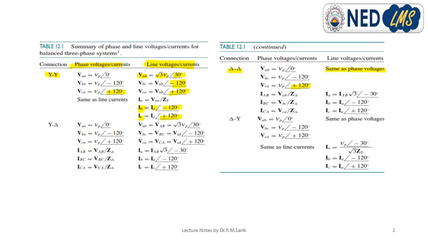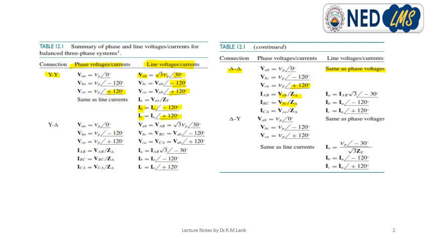For the respective phase, IAB is VAB over Z delta, and VBC over Z delta, that is the impedance. Current is nothing but voltage over impedance. Similarly for ICA. And when you see the line currents in a delta connection, the line current equals root 3 times the phase current.